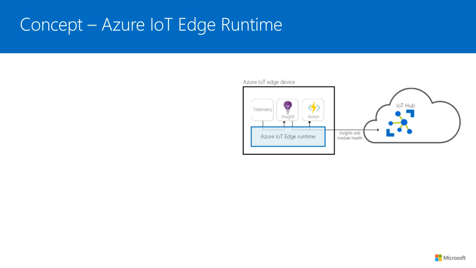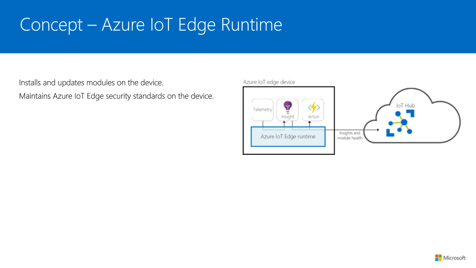So the IoT Edge runtime is that second concept that you need to grasp about IoT Edge. The runtime itself is the one that installs and updates the modules on the device. That's something running on your Edge device that you control, as you'll see during the demo, and that will interact with IoT Hub to get its configuration, download the modules, and run them. It maintains the IoT Edge security standards on the device. That's the one that guarantees that the pieces of software that are going to run on it are who they say they are, and guarantees the integrity of the data they're managing.